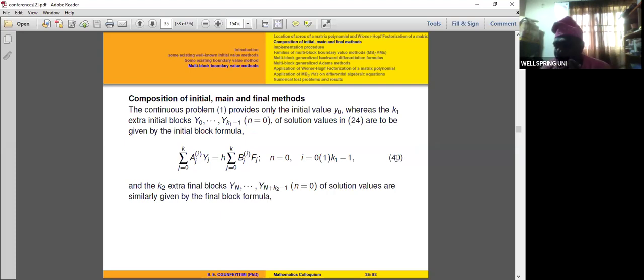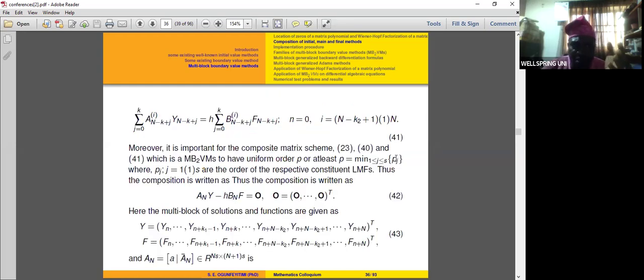The continuous problem, the problem we want to solve, will only provide the initial condition of y0. Whereas the remaining or the extra initial blocks of solution need to be provided, which is given in equations 40 and 41.